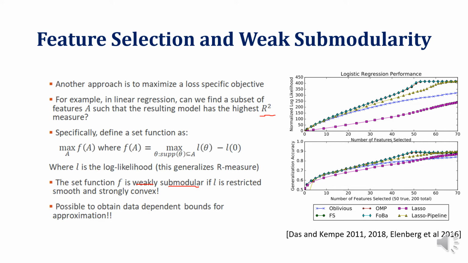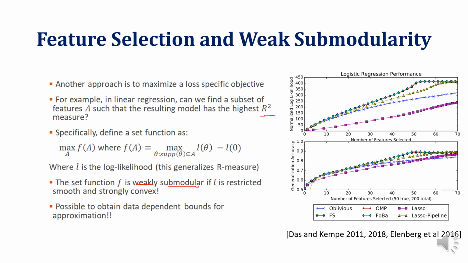The notion of weak submodularity implied by Das and Kempe basically involves a submodularity ratio. The submodularity ratio is roughly the ratio of the sum of the marginal gains obtained from the elements in a set, say S, with respect to the gain with respect to the entire S itself.